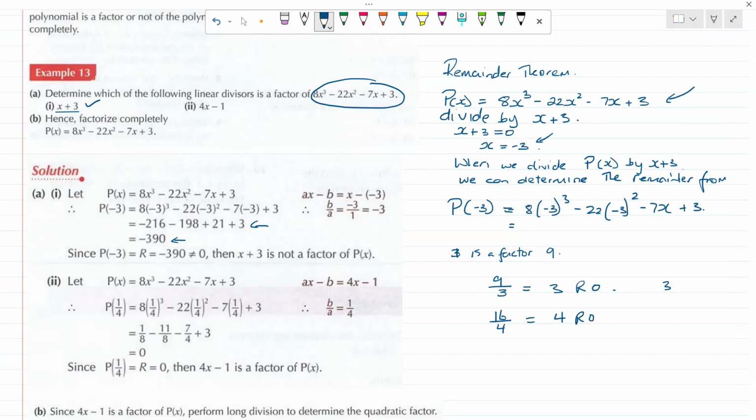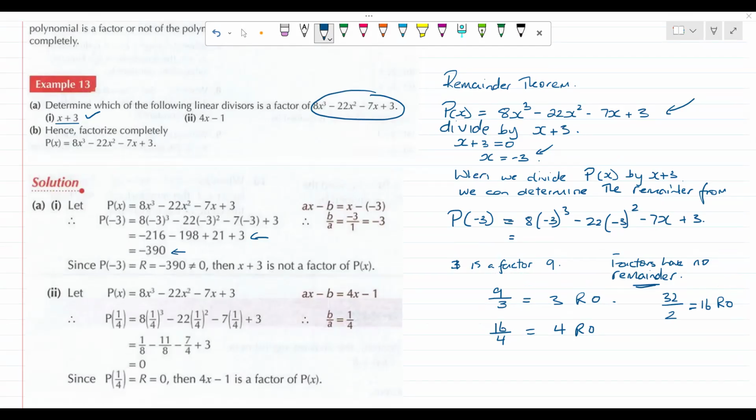If I take 32 and divide it by 2, 2 will go into it 16 times with a remainder of 0. So factors have no remainders. The remainder would always be equal to 0 when a number is a factor of another.